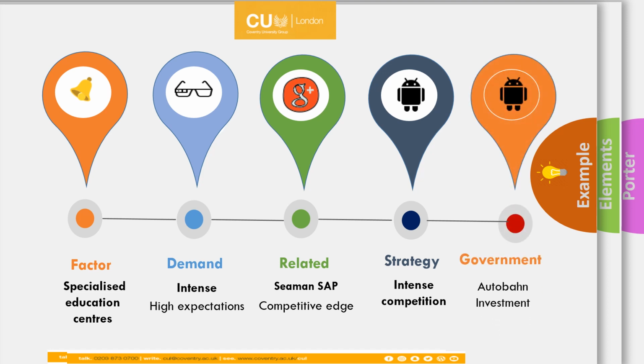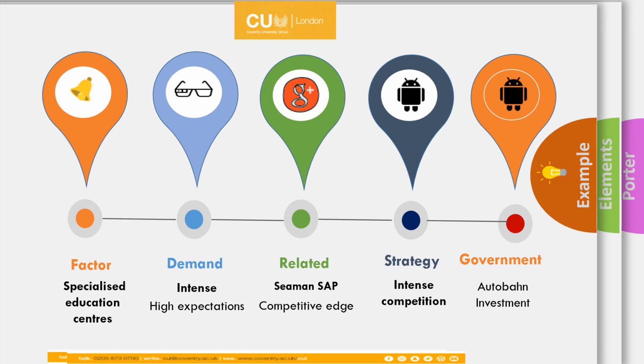And then the fifth element is the government. The government in Germany supports the car industry in many different ways in terms of infrastructure, where you've got the Autobahn, where there's no speed limit. So again, it drives performance, speed and efficiency, and the end consumers are looking for these.